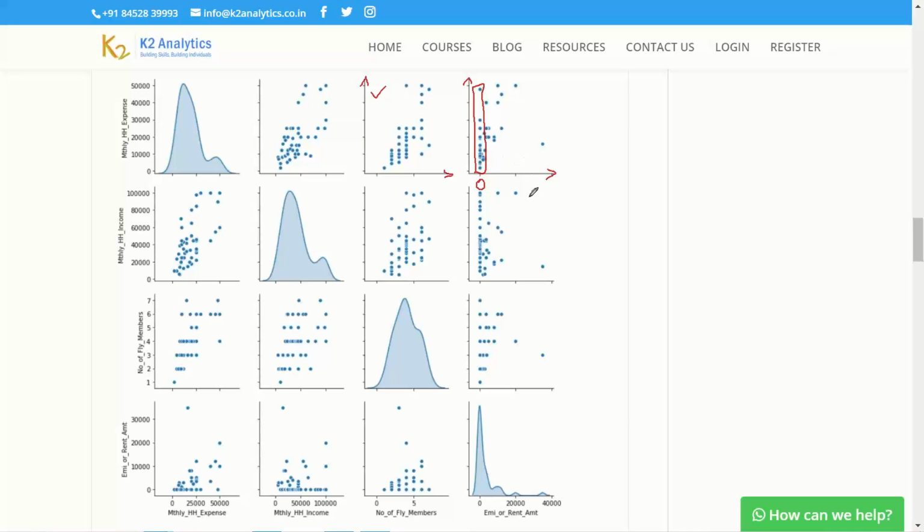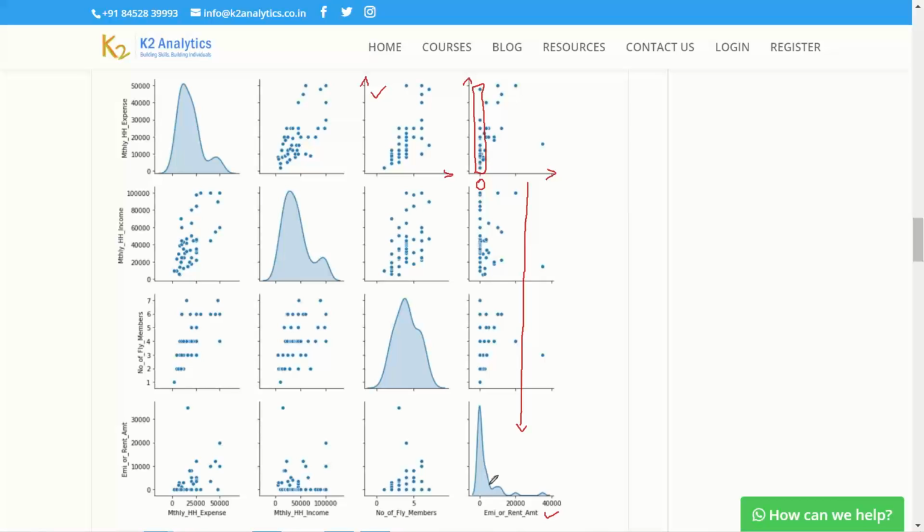And if the trend is not very clear, I need to scroll down and see what is the distribution of this variable. Okay, I see this variable does not have a normal distribution. You can see there is a huge skew.